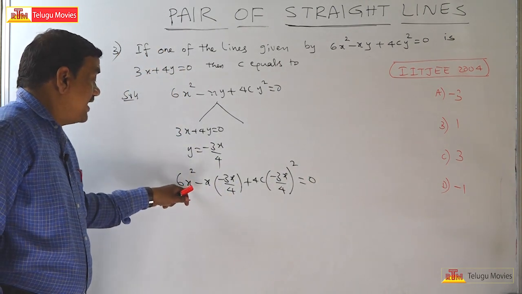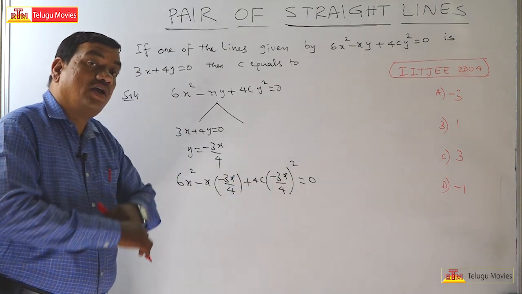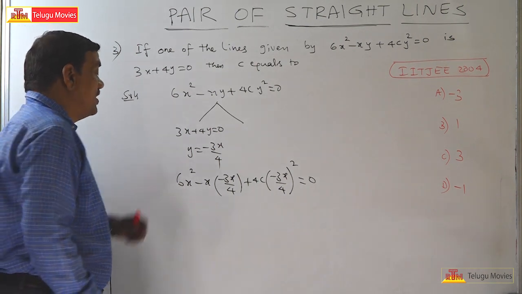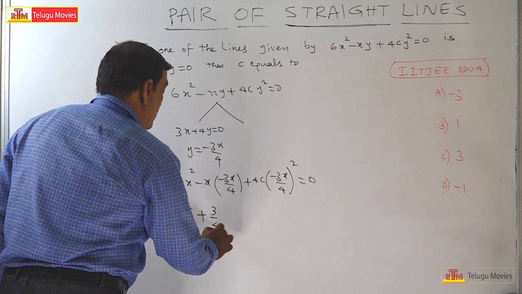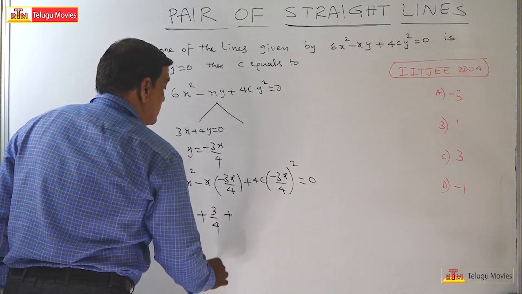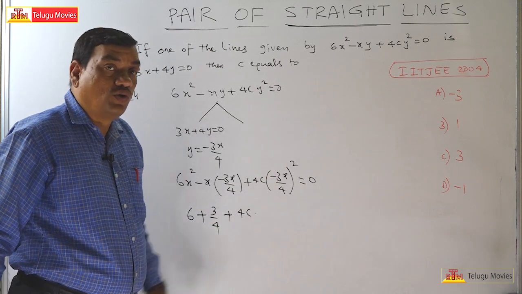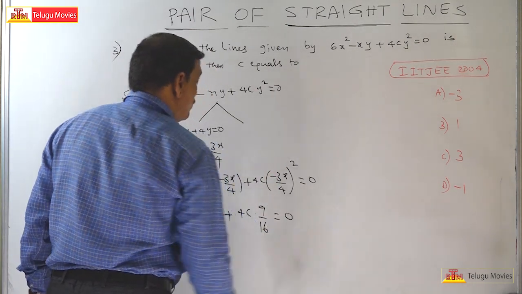So here x into x, x square, again x square, you will get x square; cancel. You can cancel x square. Here what remains? 6 minus into minus plus 3 by 4 plus 4c into 9 by 16 is equal to 0.